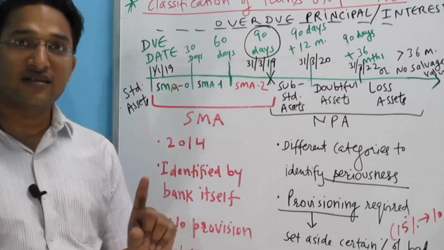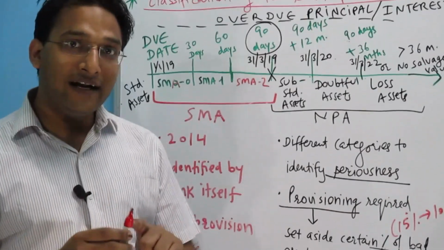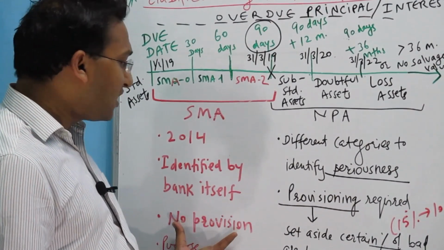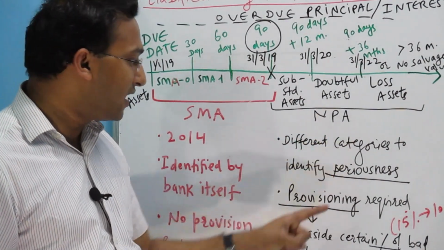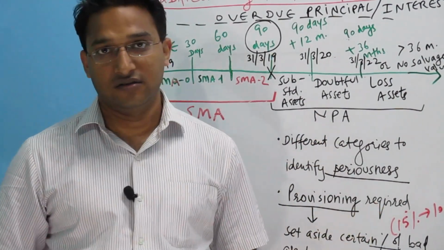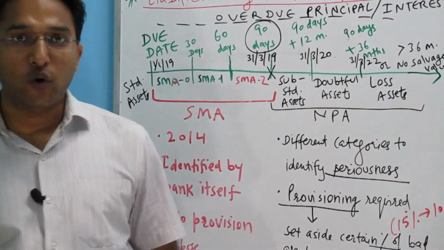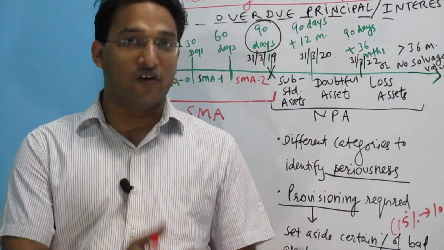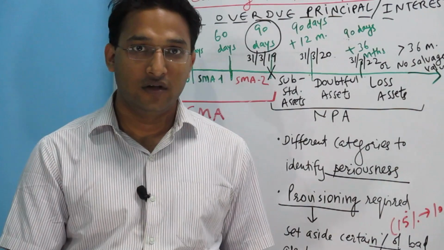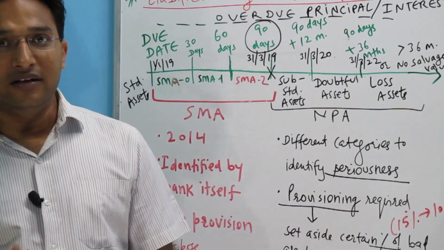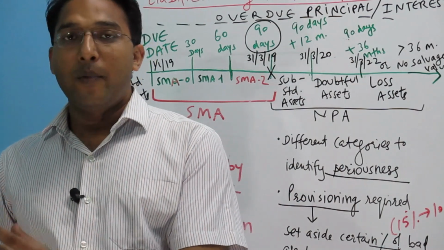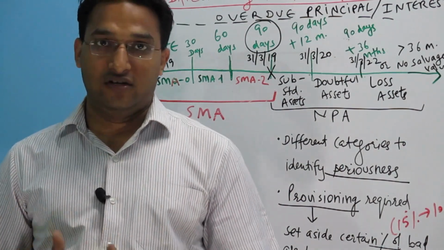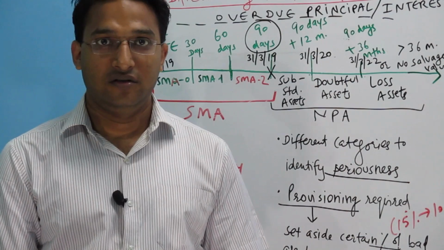Then this is the most important difference. The most important difference is what to do regarding the SMA account. In case of SMA, there is no provisioning requirement. However, in case of a non-performing asset, there is a provisioning required. What is the meaning of provision? So provision basically means a kind of reserve. And here reserve basically means that we are taking a certain part from the bank's profit and keeping it aside, right?